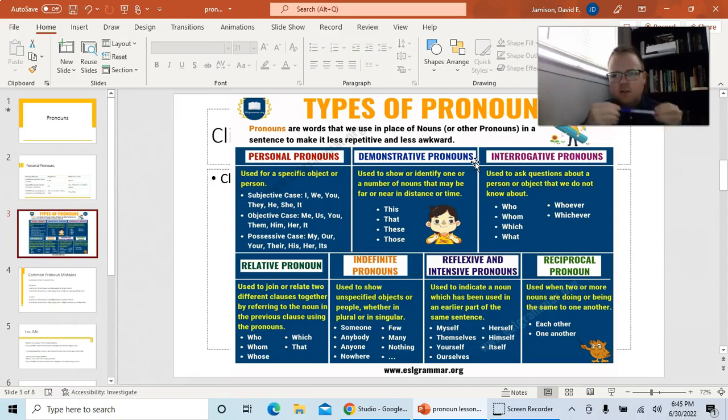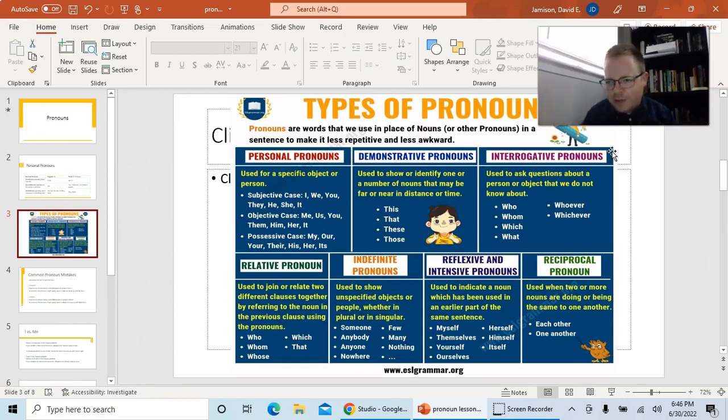This pen, these books, that water heater. Any of those are examples of demonstrative pronouns. Interrogative pronouns. So these are pronouns you would use to ask a question about something. Who hit my car?